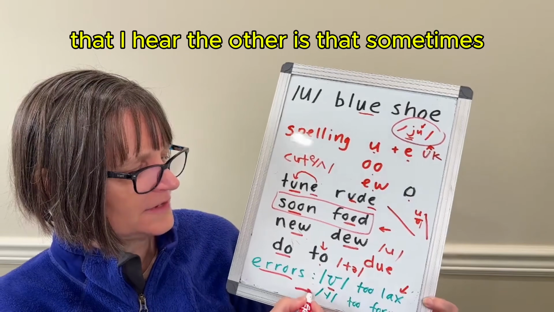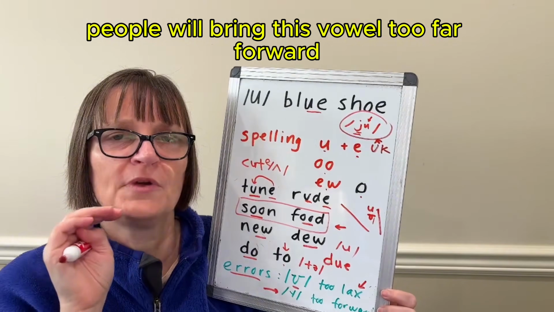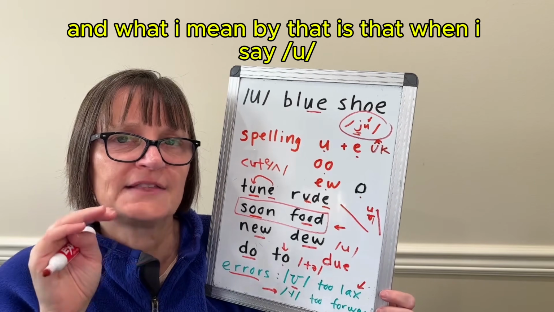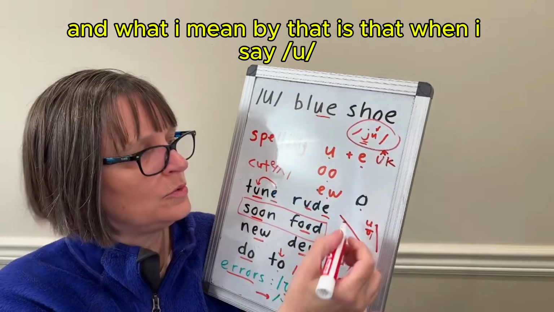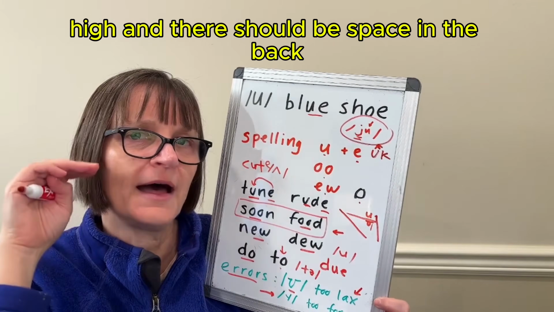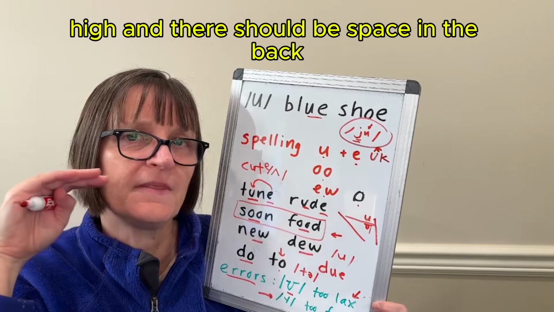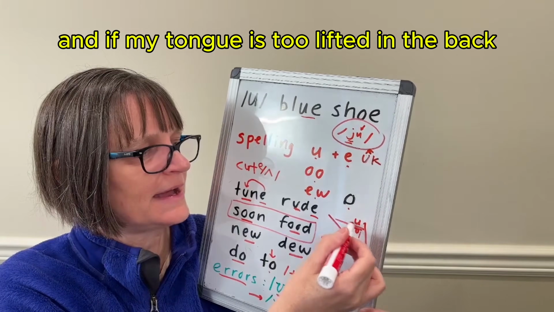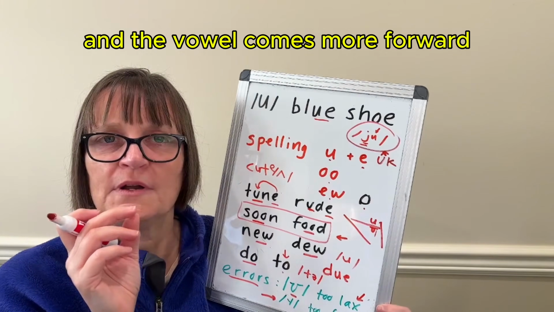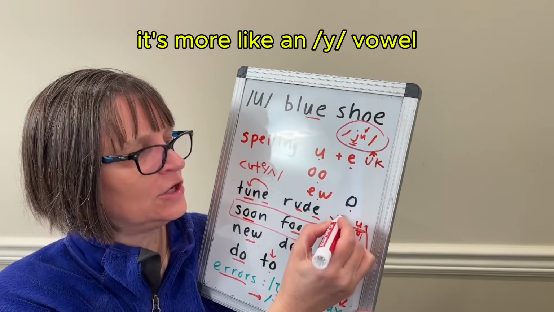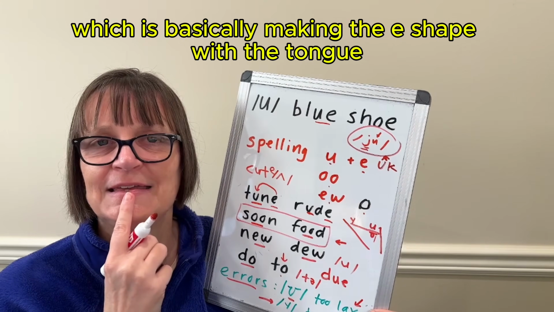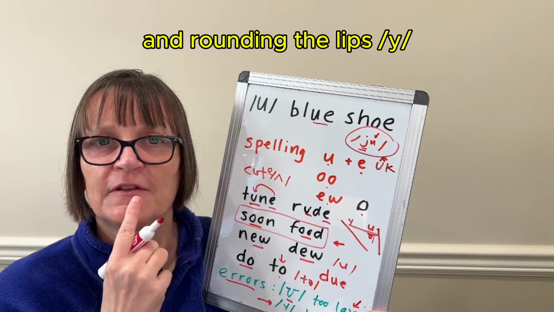The other is that sometimes people will bring this vowel too far forward in their mouth. And what I mean by that is that when I say oo, the tongue should be high and there should be space in the back as well as in the front. And if my tongue is too lifted in the front and the vowel comes more forward, it's more like an ü vowel, which is basically making the ee shape with the tongue and rounding the lips.